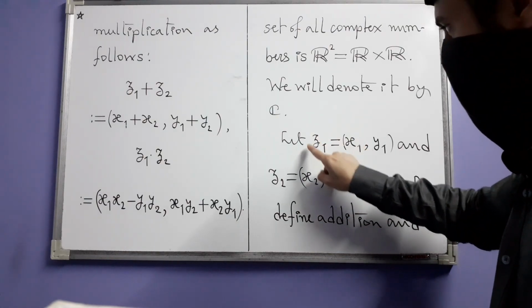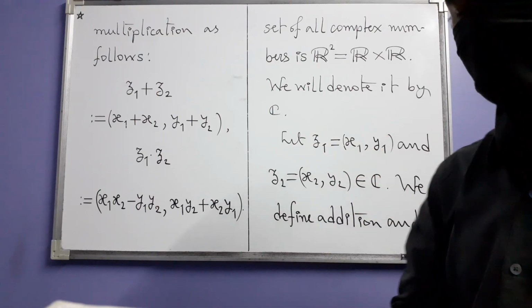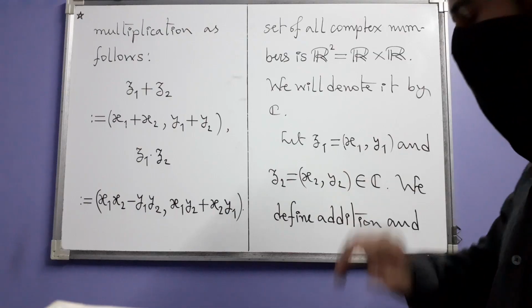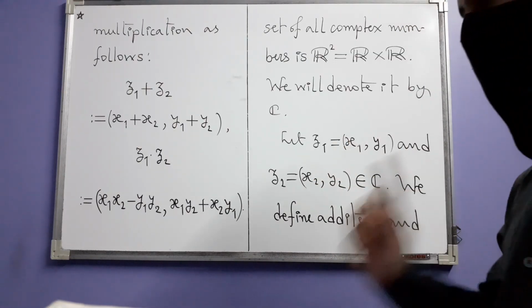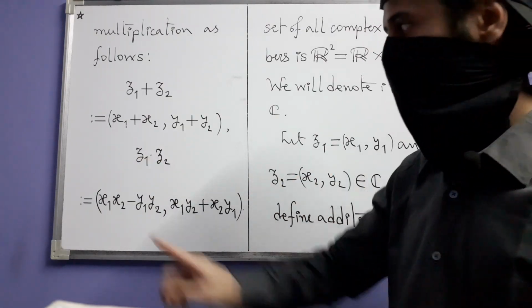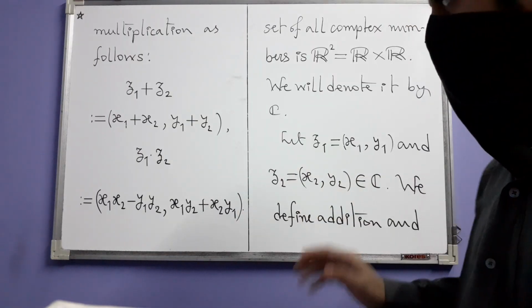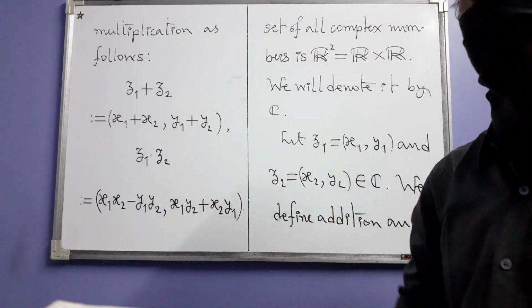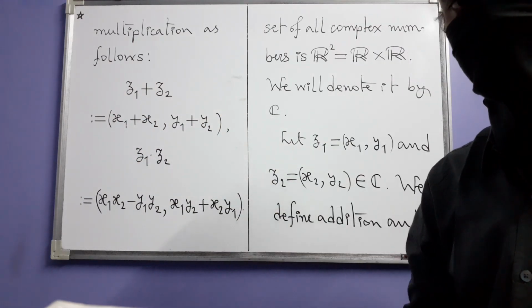So once you have chosen z1, these are unique, x1 and y1. Similarly, x2 and y2 are unique. Because x1 and x2 are unique real numbers, their sum is a unique real number. This sum is ordinary addition of real numbers. Similarly, this is also a unique real number. So this is a unique ordered pair of real numbers.